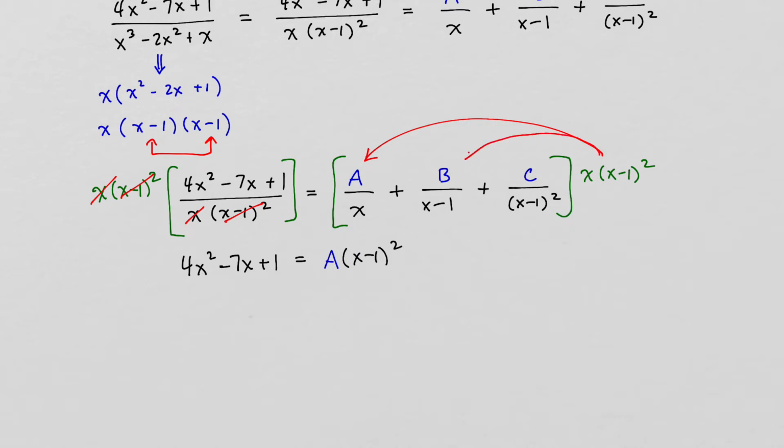When we distribute here, the x minus 1 is going to cancel one of these factors, and what we'll have left over is b multiplied by x and multiplied by the one factor of x minus 1 that is still left over there. And finally, when we multiply here, you can see that the (x minus 1) squared is going to cancel out this factor, and we get c times x.